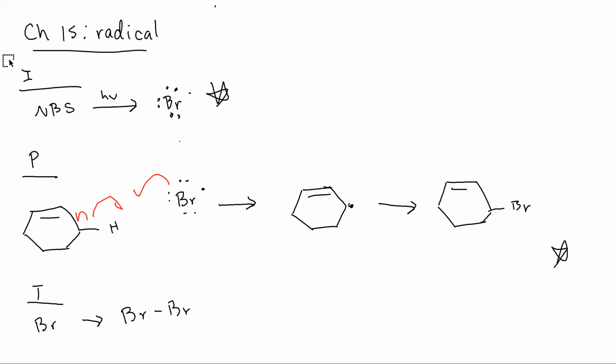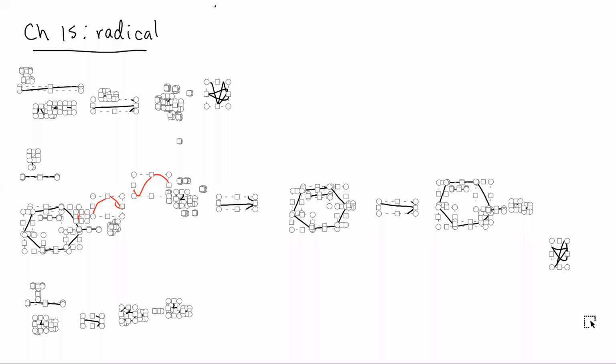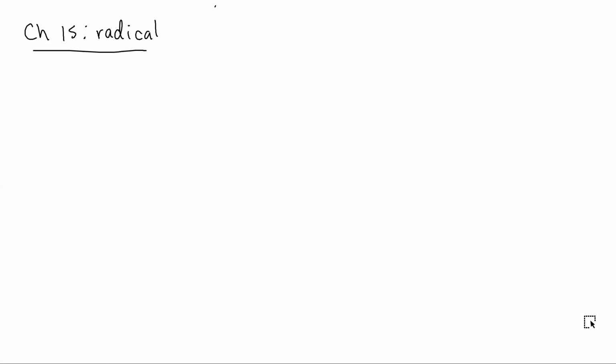inhibitors. Okay, so the way that I sort of think of radical inhibitors is, so I'm going to take the example from the PowerPoint again with the hydroquinone. So we have this guy here with OH and OH.